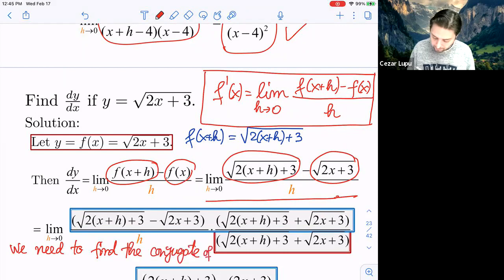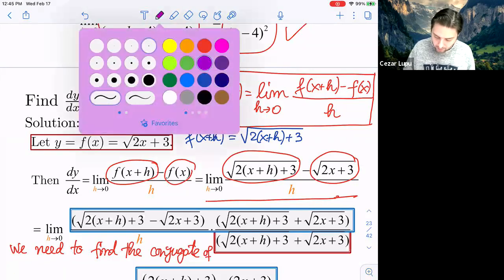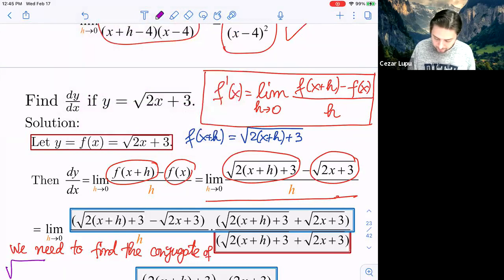We need to find the conjugate of the square root of 2 times x plus h plus 3 minus the square root of 2x plus 3.